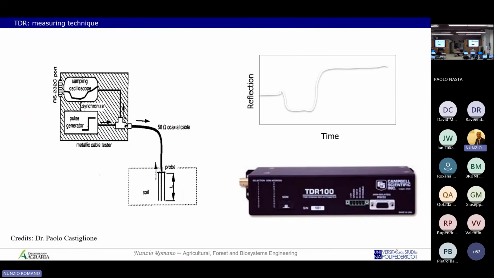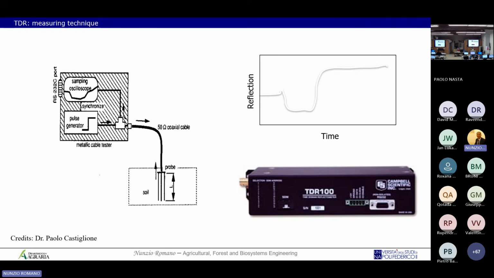And I show you an animation provided by Paolo Castiglione, who was a PhD student in my department, and you can see the pulse generator generates the waveform that moves in the coaxial cable and then goes back and then goes to the screen, to the sampling oscilloscope.